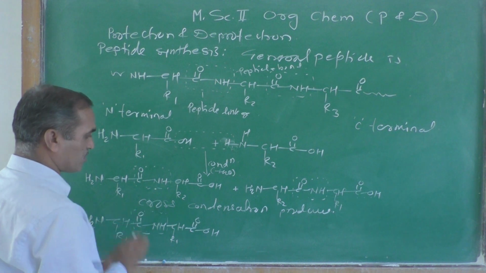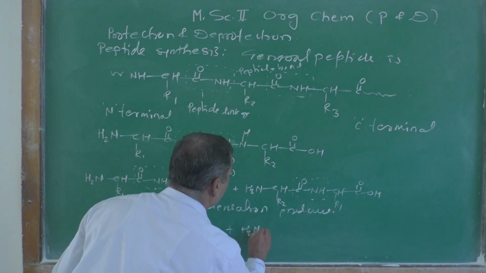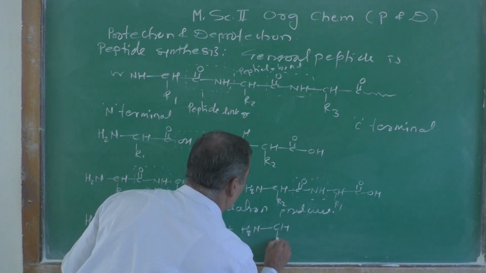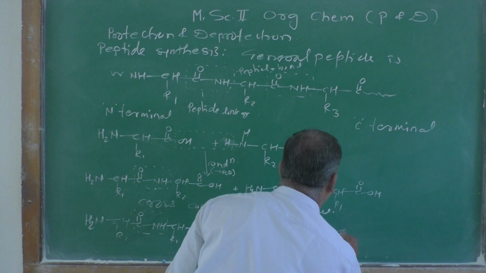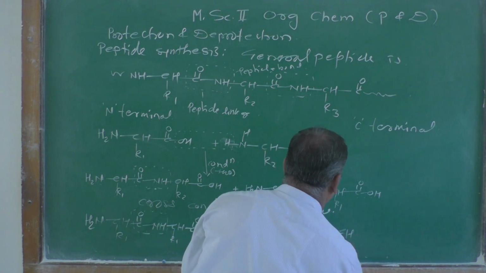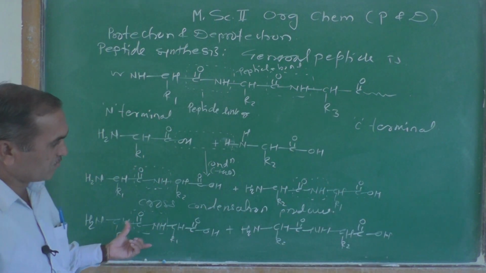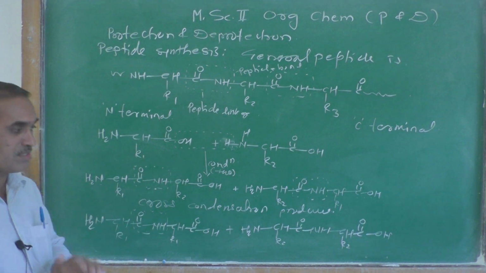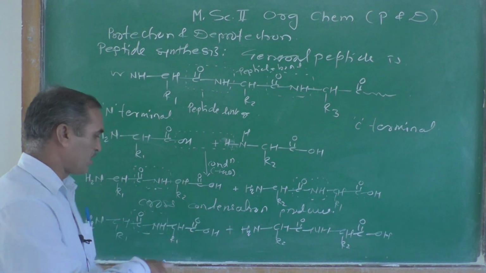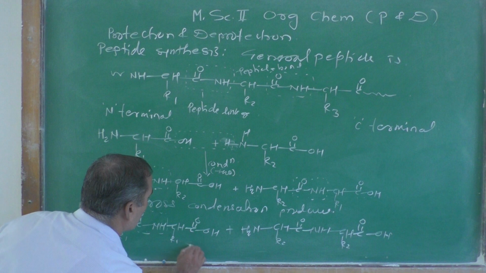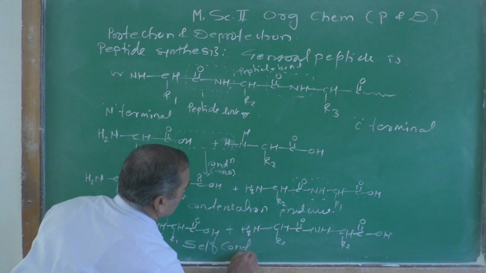Another one: H2N, CH, R2, C=O, NH, CH, R2, C=O, OH. This is the first one, this is the second one, and this type of condensation is known as self-condensation.